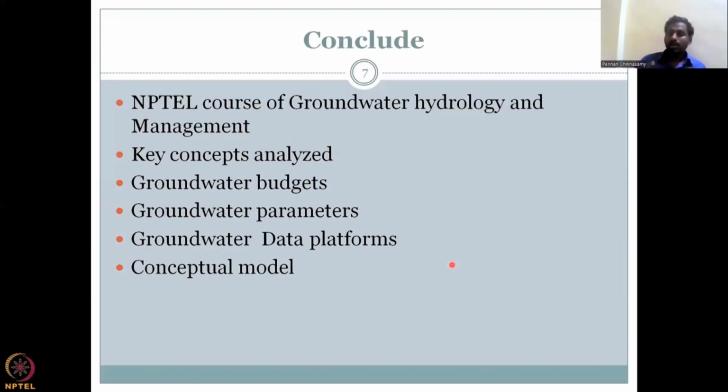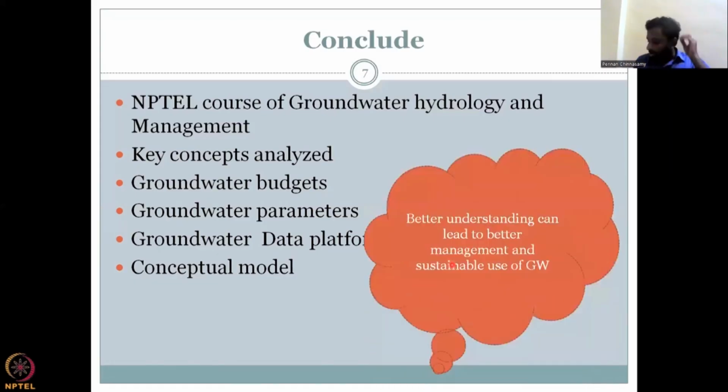And from the data and from your conceptual model, there could be multiple new revelations you can take, or refine your research question to answer a very focused discussion or focused groundwater problem. So I hope that this course has led to a better understanding of the conceptual part of groundwater and groundwater movement, which constitutes groundwater hydrology.